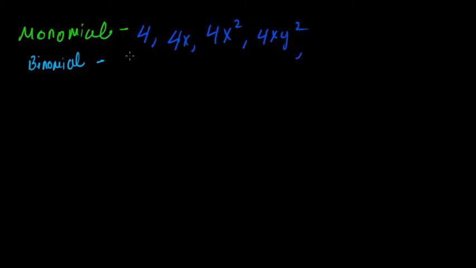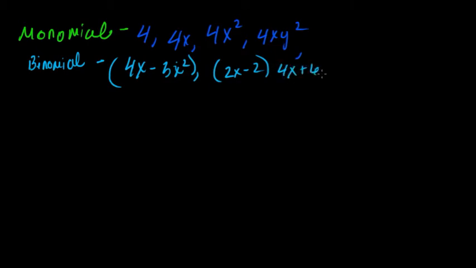So this will be a binomial: 4x minus 3x squared. 2x minus 2, that's a binomial. 4x plus 6y squared is a binomial. These are all different binomials here. This is a monomial plus a monomial or a monomial minus a monomial.